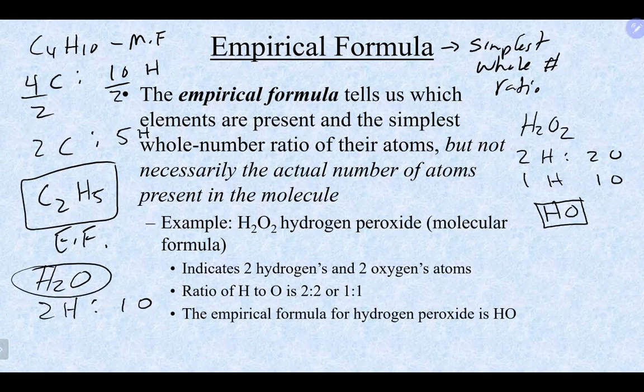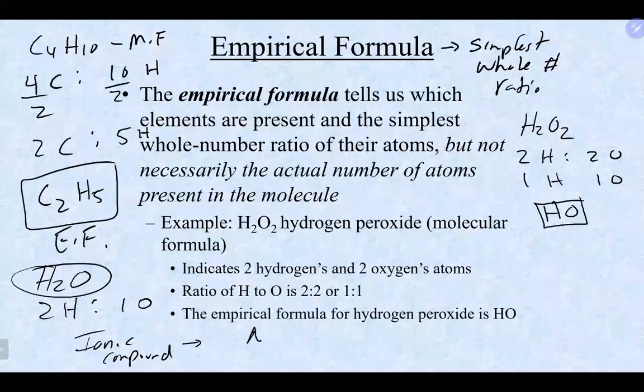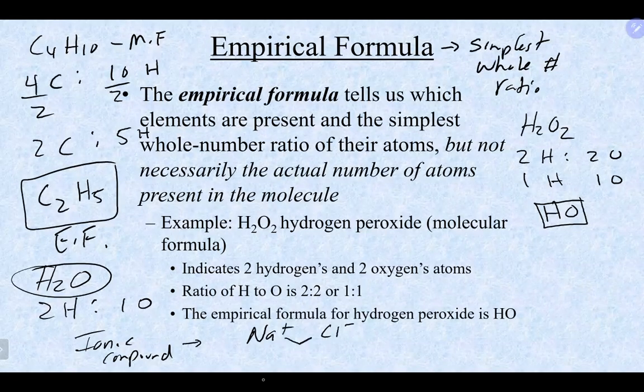All ionic compounds are always empirical formulas. So when you have an ionic compound, they are always empirical. So for example, when we take something like a sodium ion and a chloride ion, when we put it together, the simplest way to get to 0 is 1 of each. That is why when we write the formula for sodium chloride, it is NaCl.